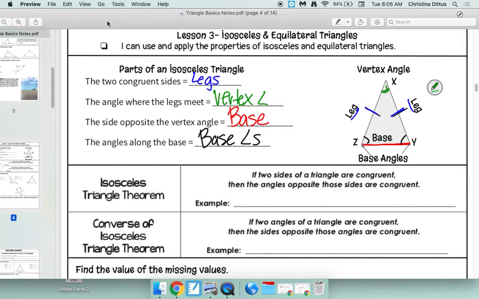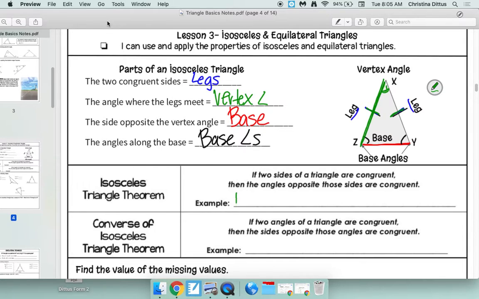Alright, we have two little theorems that come with isosceles triangles. The first one is about our sides. If we know that our sides are the same, so here, these are marked as the same, right? What would I call this side using two letters? Yeah, ZX.